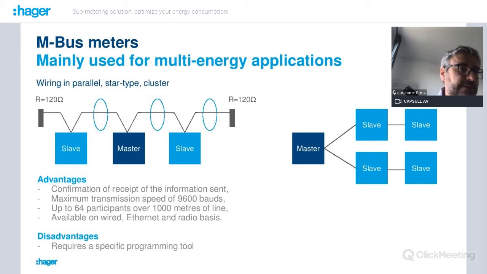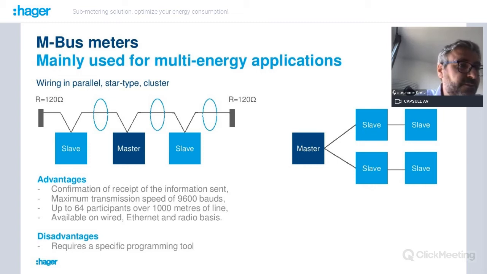You can wire it in parallel, in star type, in cluster. So for cabling, it's quite easy because you have many possibilities. Of course, the difference between this and the pulse is that you can have much more information than only kilowatt hours. You can have the tariff per energy, and all the data you can get from the meter.